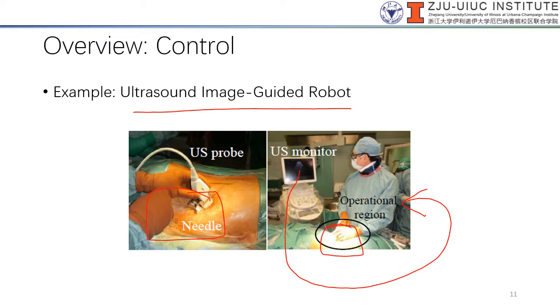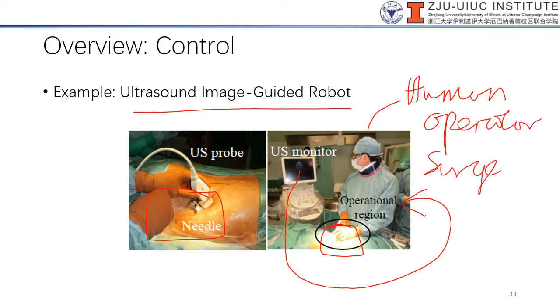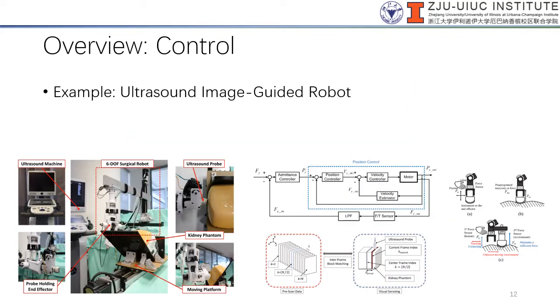This is done, of course, by a human operator, a surgeon in this case. The surgeon is doing this operation, but we can also have a robot execute this operation. But most of the time it is to assist the surgeon, helping the surgeon do certain steps.